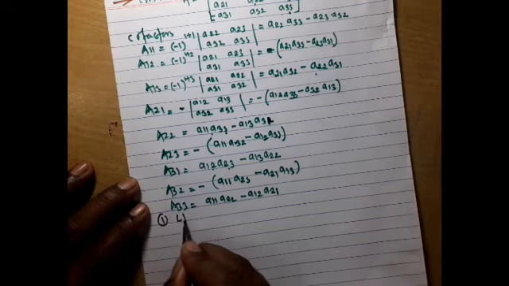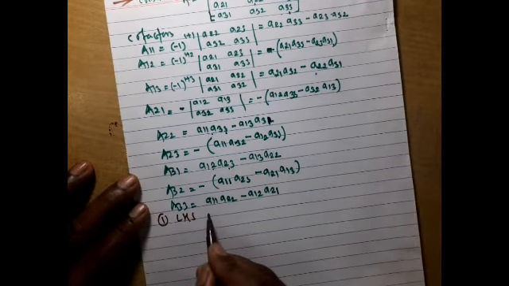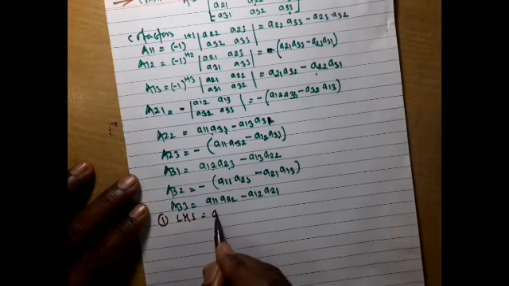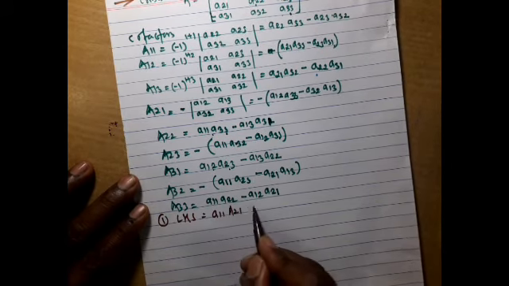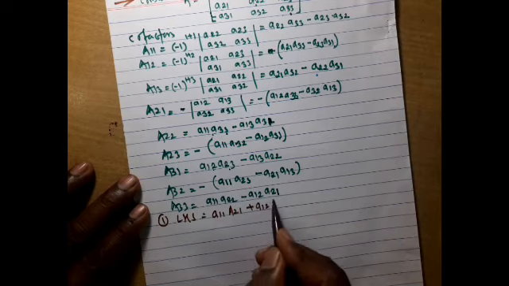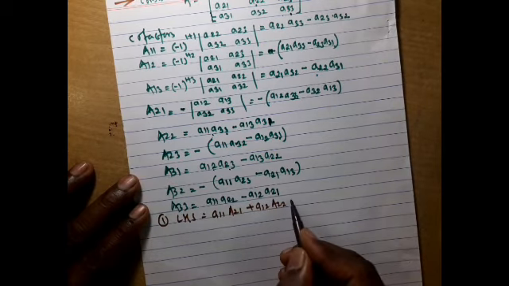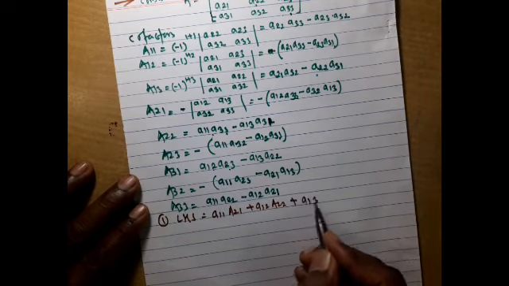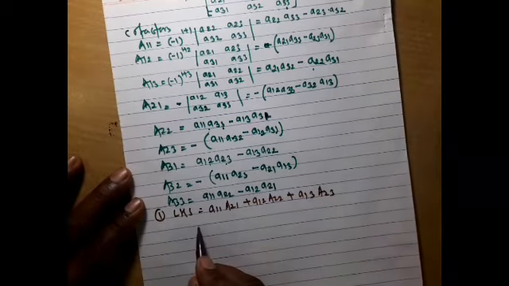First, consider the LHS, that is a11 A21 plus a12 A22 plus a13 A23.